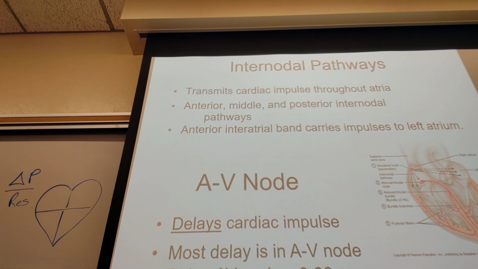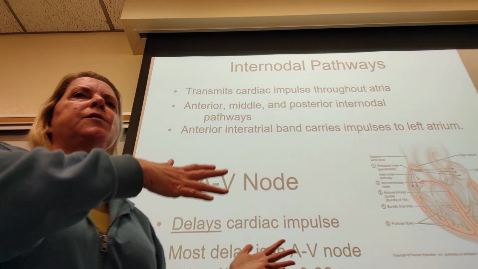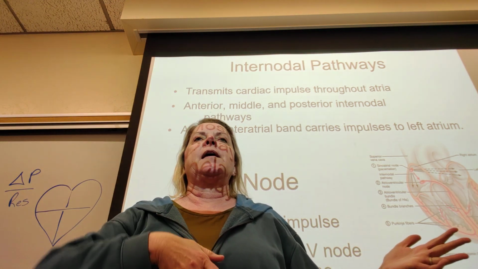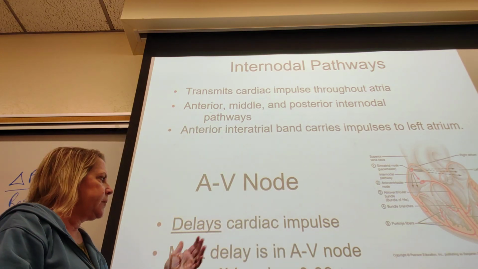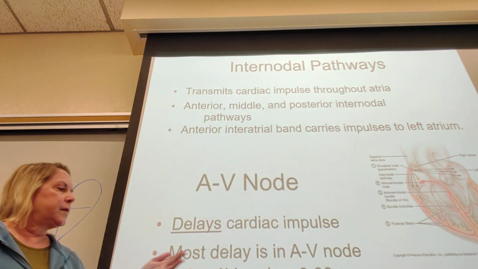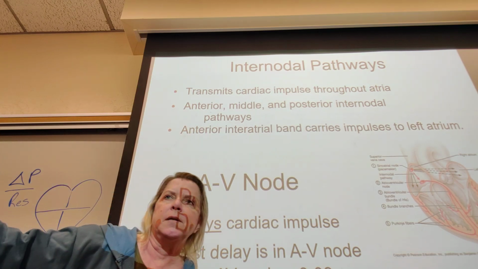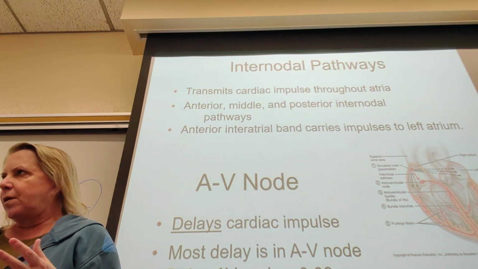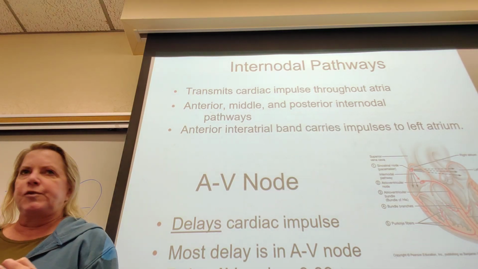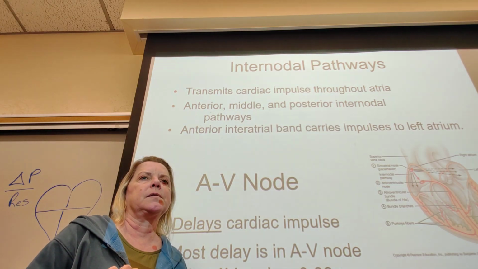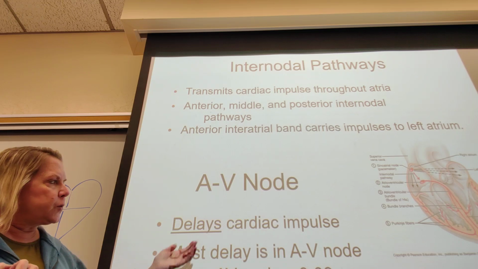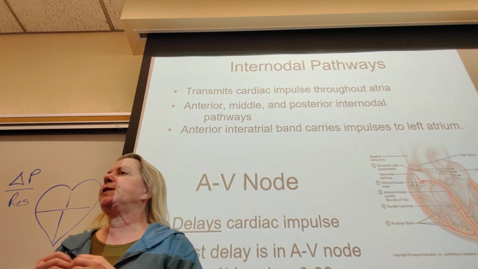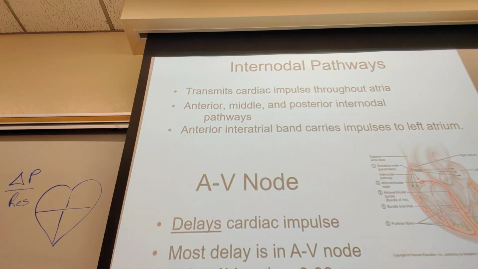These pathways go from the right atrium to the left atrium and down to the AV node. Once we get to the AV node, there is a delay. Do not memorize how many milliseconds there are in this delay. Just know that there is a delay here. Why? There are few cells and very few intercalated discs.